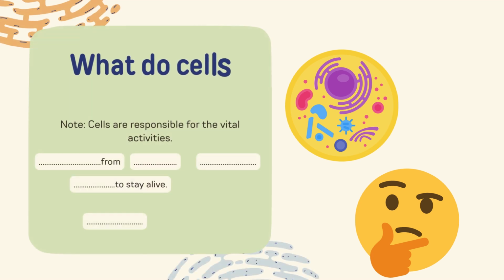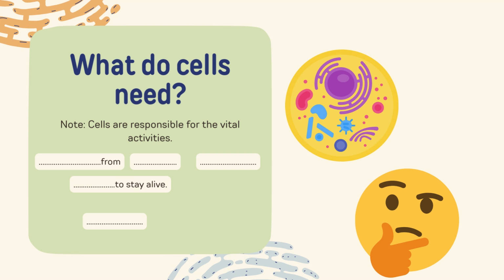So here we will cover the last point that we have today in our lesson. What do cells need? Let us think about this question. We know that cells are responsible for the vital activities like growth, reproduction, respiration, and the others.